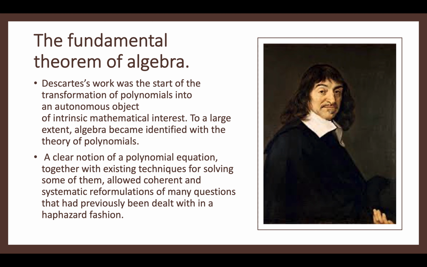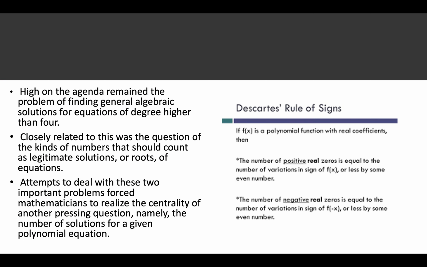Here is the picture attached of Descartes on the right hand side of the slide. High on the agenda remained the problem of finding general algebraic solutions for equations of degree higher than 4.